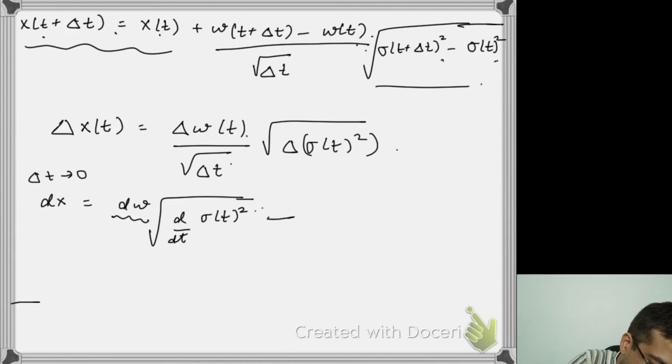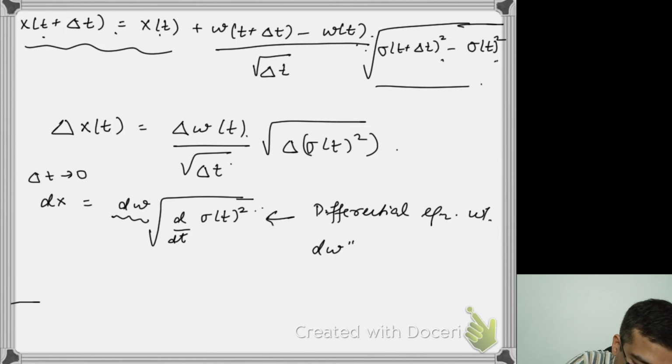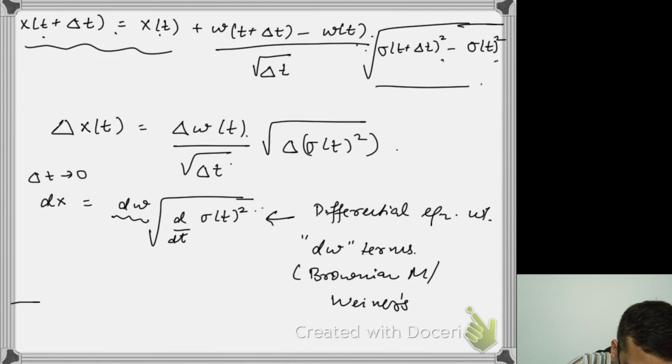So w is the Brownian motion, which is also called the Wiener process.